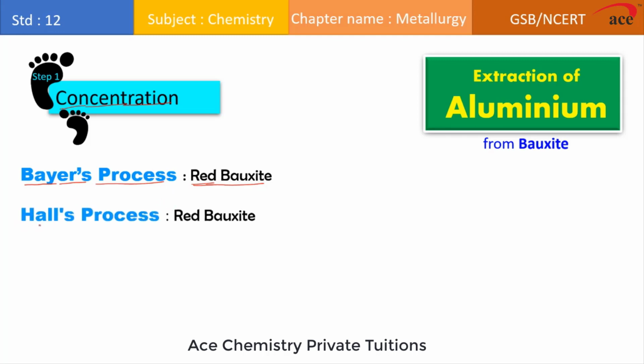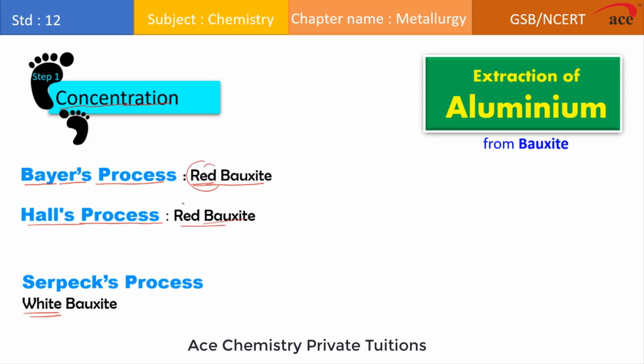Hall's process is also used here. The leaching agent used is sodium carbonate, and it is again applicable for red bauxite. Serpeck's process is used for white bauxite. So there are two different types of bauxite, red bauxite and white bauxite.